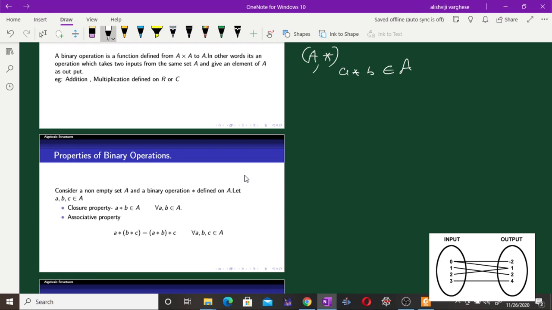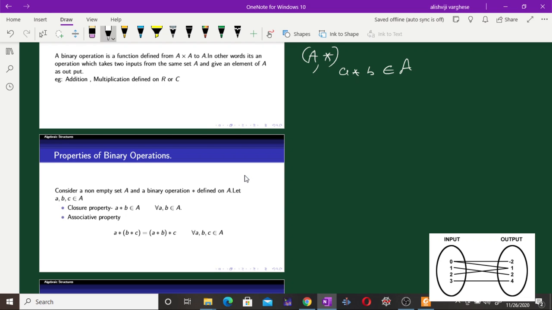For example, if we take two real numbers and add them, the result belongs to the real numbers, so it has the closure property. That's the interpretation.